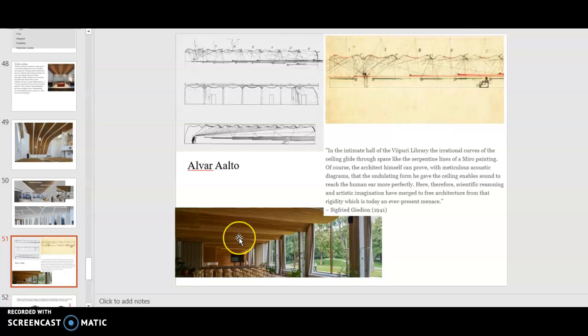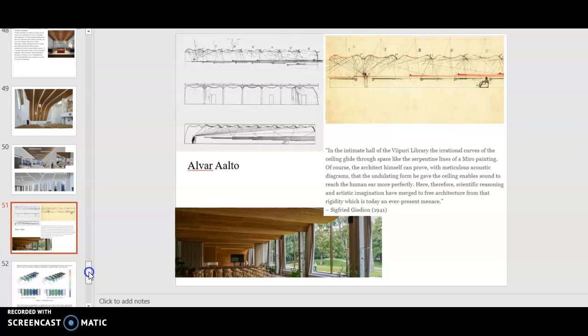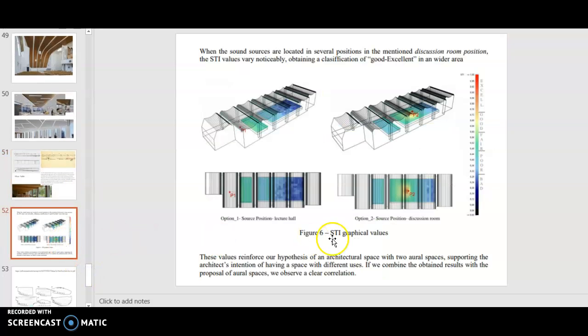Aalto's initial study, which got a lot of architects started, is how the sound is created. And he had a town hall design in his Woodbury library that he was considering: if there is a person who's speaking, how does that sound travel to people who are sitting in that hall, and how do they hear it? Later on, they did an effectiveness study, and they found out that, well, in a town hall, you have people talking from this side as well.